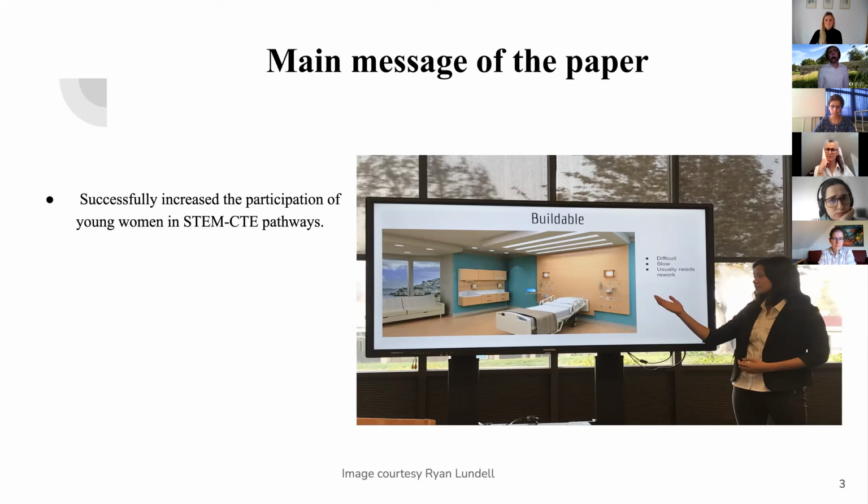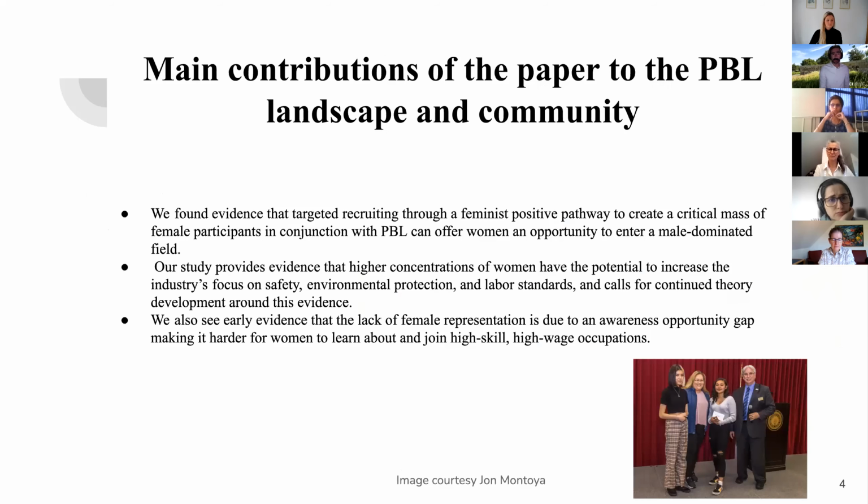Not when we entered post-secondary, like civil engineering, undergraduate is pretty balanced in our area, but the pathways to that are not balanced. So the main message of this paper is how can we successfully increase female participation in the STEM CTE pathways?